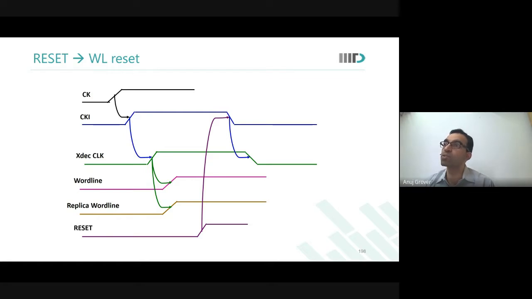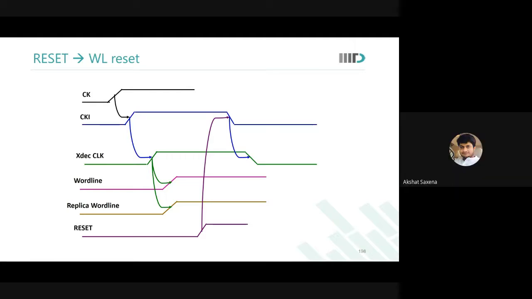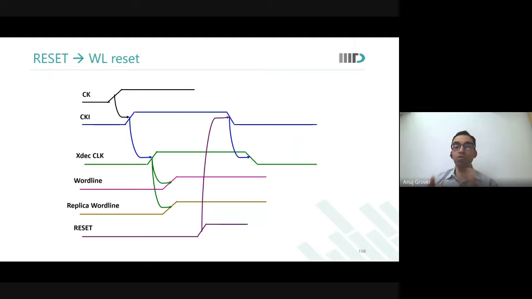So 0.00001 के आसपास. 3 reds? 0.00001 के आसपास. So the probability of getting all these 6 devices as slow is very low. Are you able to see this? Yes, sir. So if you have more than one cell there, the probability that they will be closer to the center is much, much higher.